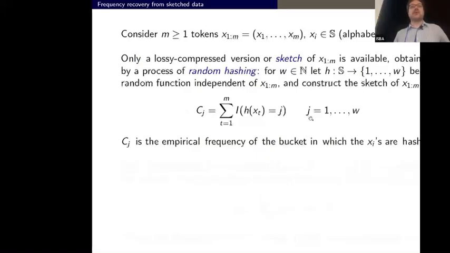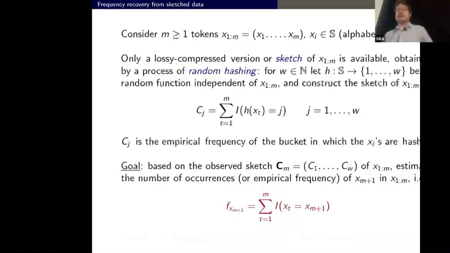For each j, I count the number of observations that are mapped into a particular bucket. Two different symbols could have a collision and go into the same bucket. Cj is the empirical frequency of this bucket, and this is what I observe for j from 1 to W. And the goal is the following.